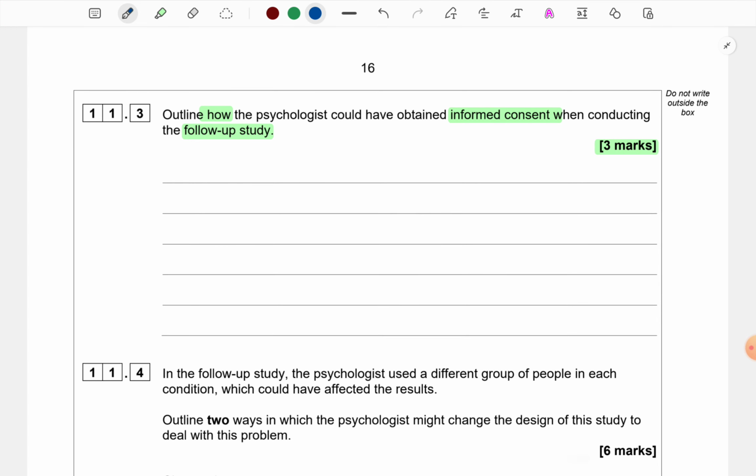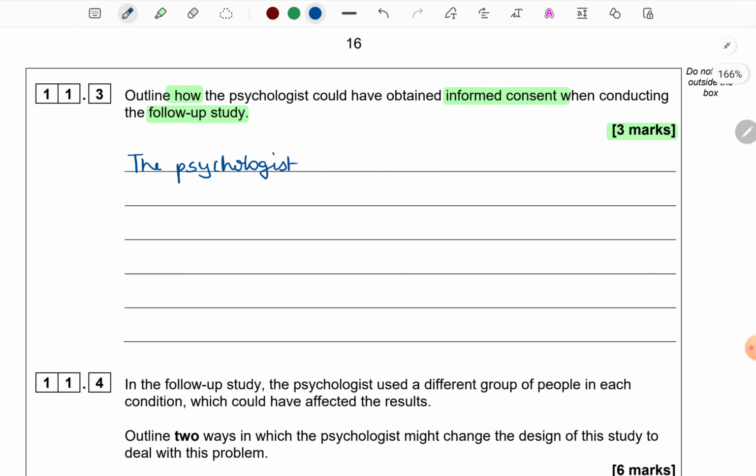Okay, so here I would say the psychologist should prepare a written consent form.